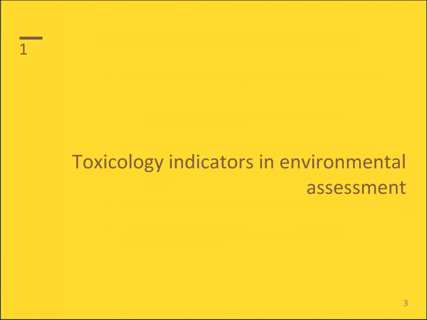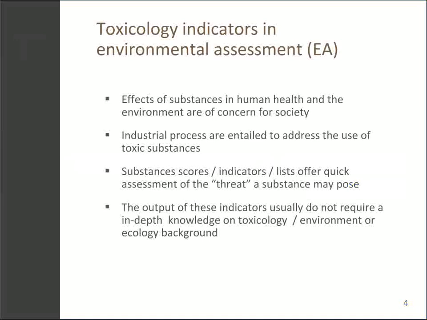So let's start. This is the first block, toxicology indicators in environmental assessment. First of all, let's explain why these indicators are important and why we should include them. It's clear that the use of substances that can affect human health or the environment is a concern for society, is a concern for workers that work in industrial sites, and is something that has to be somehow reported and acknowledged.